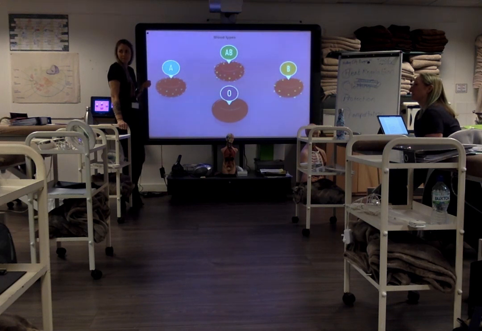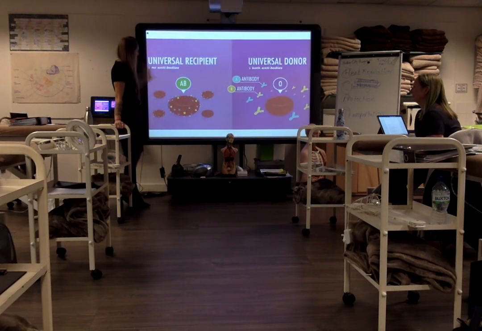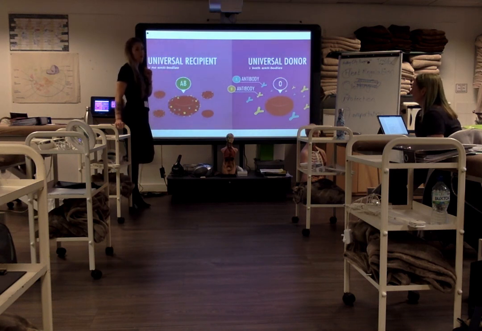So O blood group, yes, you need to know, because if you have a baby, like I'm not the same blood group as my mum, so it's really important that our blood didn't mix while she was pregnant. So it gets complicated, but basically, looking at this, AB is a universal recipient, and O blood group is a universal donor, so everyone can receive them.